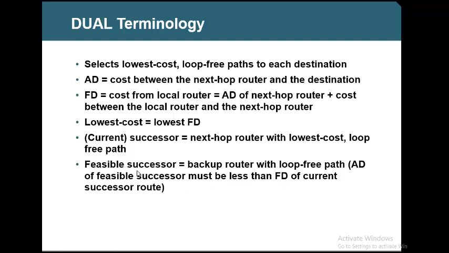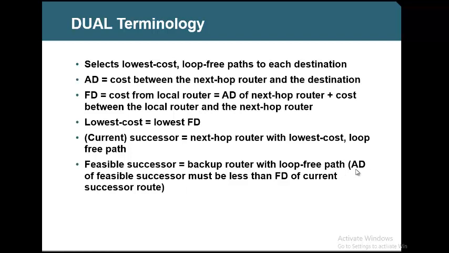Now, did you understand the first 5 points? Yes, sir. Now, coming to the last point. In order to select a feasible successor, that is, the alternate route or backup route, this is the condition.